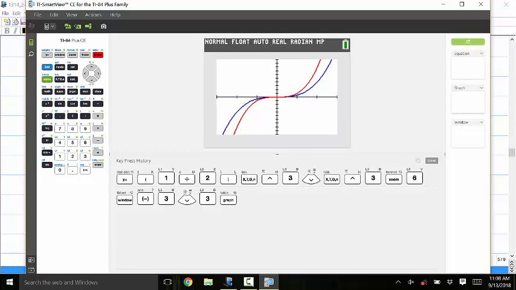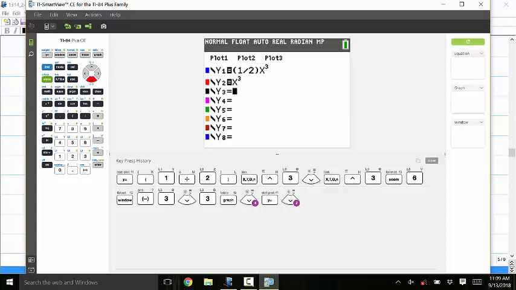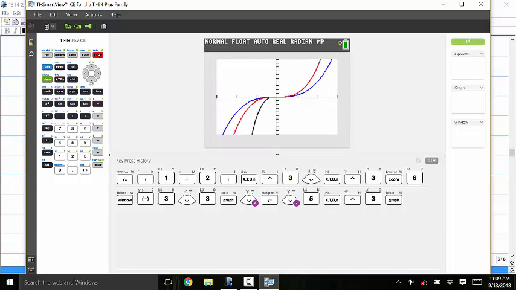If this is the parent graph, what are you going to do for 5x cubed? You're going to stretch it, and it's going to get closer to the y-axis. You see how you stretched it out?